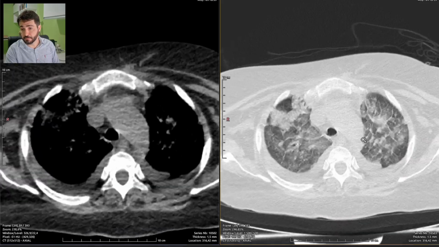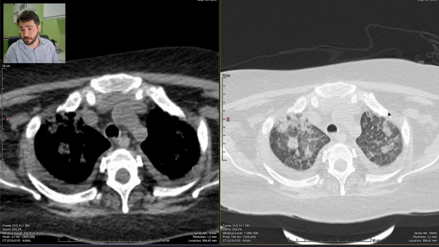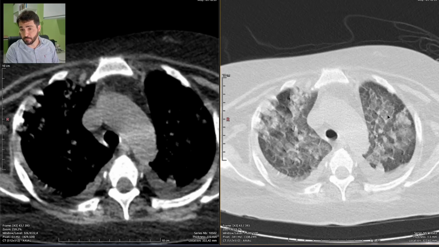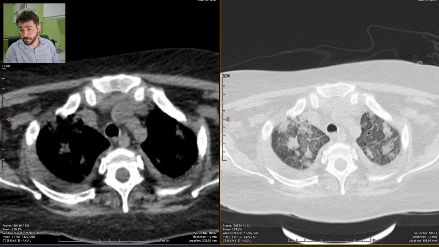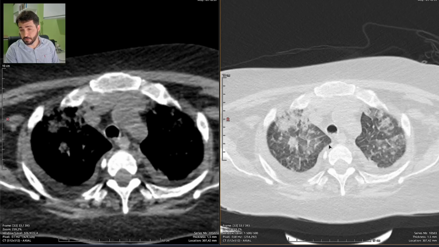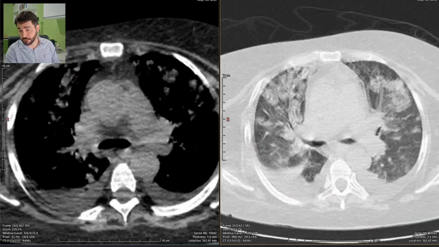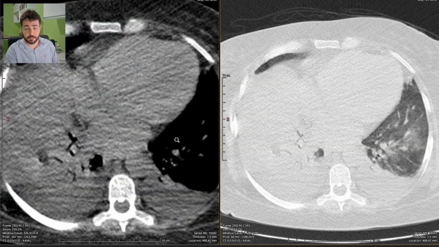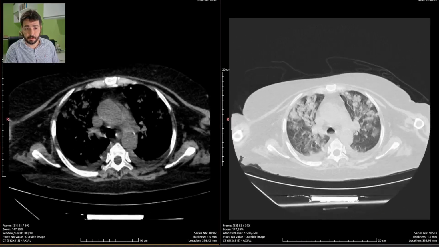rest of the pulmonary parenchyma is abnormal. It is septal thickening, smooth septal thickening, confluent consolidations, and diffuse ground glass opacity. So this is an extremely sick patient right here.